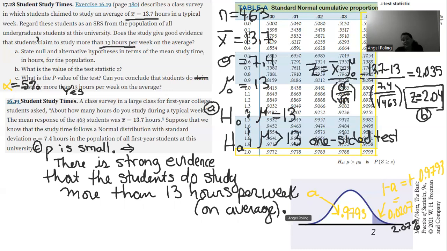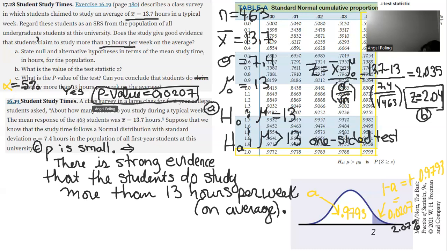So we got a p-value. That was part of it, right? So maybe we should include that in our C statement as well. P-value equals 0.0207.